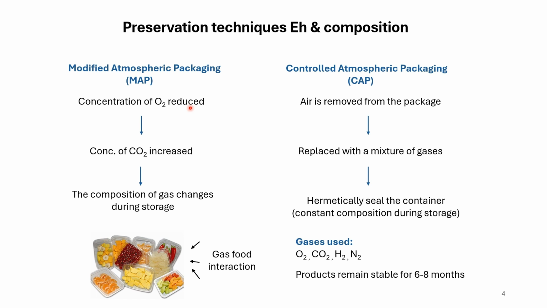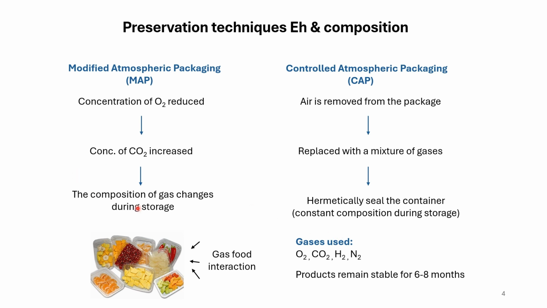When we pack food with an intention to extend shelf life, one must remember that we have to reduce the concentration of oxygen present. This can be done by increasing the concentration of another substitute gas. So gases used include carbon dioxide, hydrogen, nitrogen, and even oxygen, or at times a mixture of these.